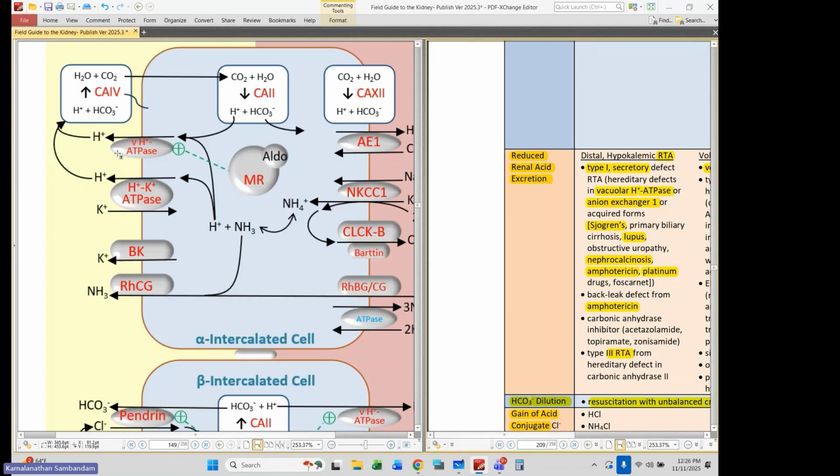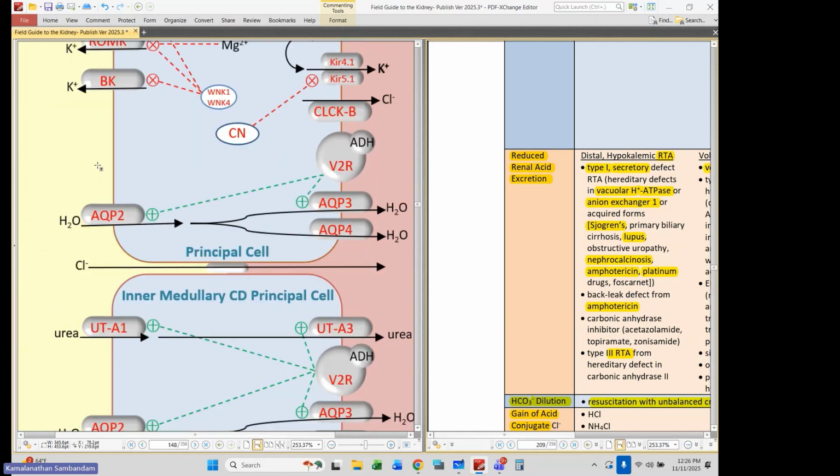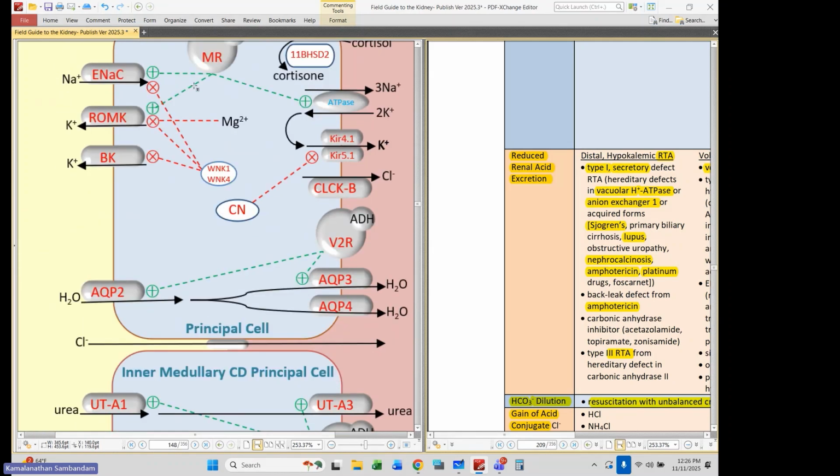In a patient with normal response, I should see them being able to lower my urine pH maximally. That's one way you can elucidate in the ambulatory setting a distal RTA. Okay, just reemphasizing the generation of a lumen negative potential difference by reabsorbing sodium is essential for maximal efficacy in urine acidification. Everybody get that? Okay.